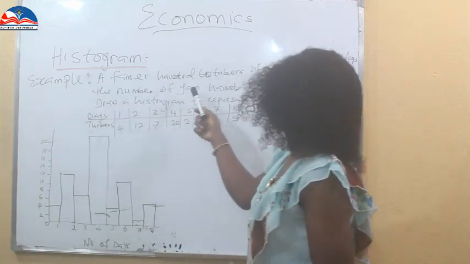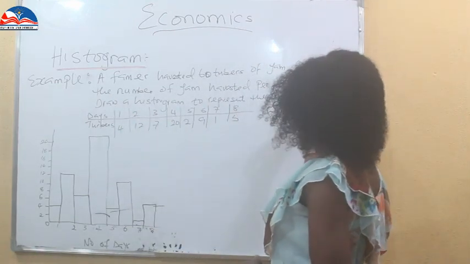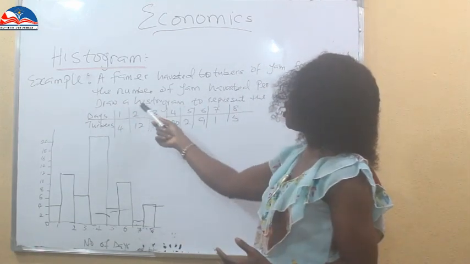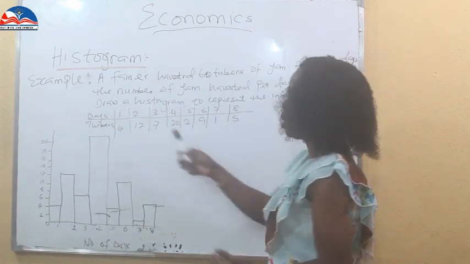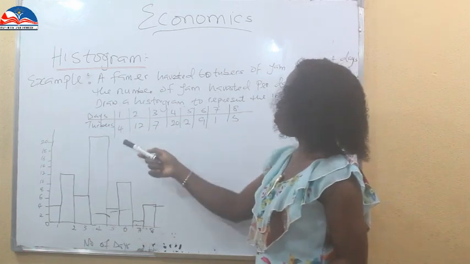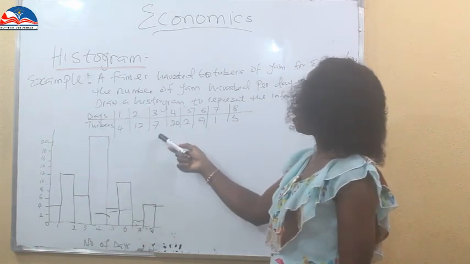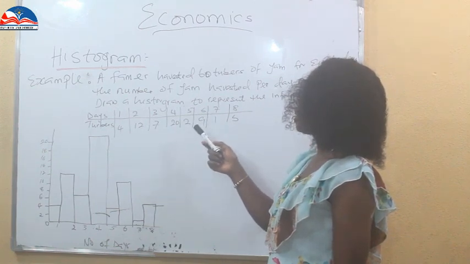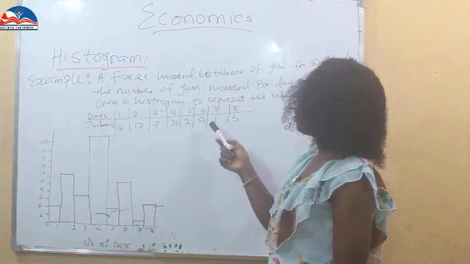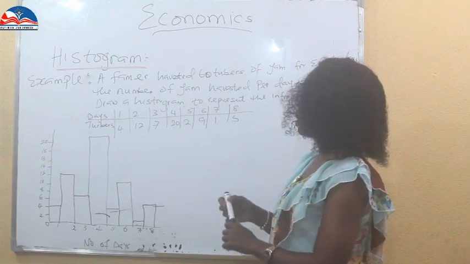The number of yam harvested per day is shown below. Draw a histogram to represent the information. Day 1, 4 yam. Day 2, 12. Day 3, 7. Day 4, 20. Day 5, 2. Day 6, 9. Day 7, 1. Day 8, 5.